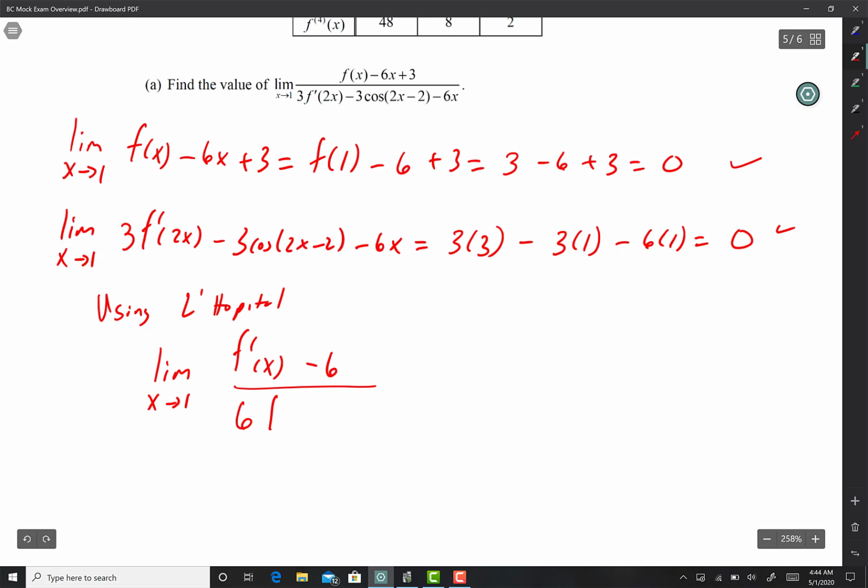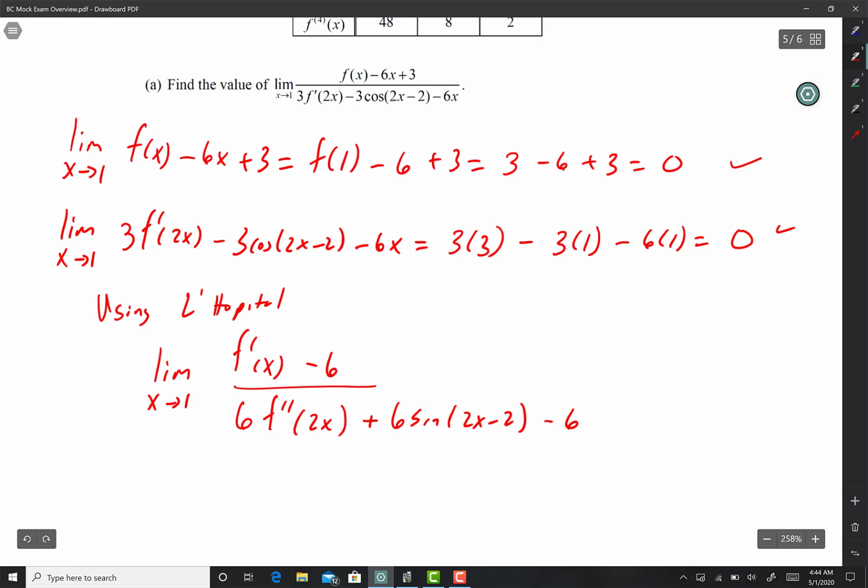So 6 f double prime 2x minus, again, chain rule, the derivative of cosine is a negative sign, so the negative is a positive. So 3 cosine 2x minus 2 times 2. So 6 sine 2x minus 2 minus 6.